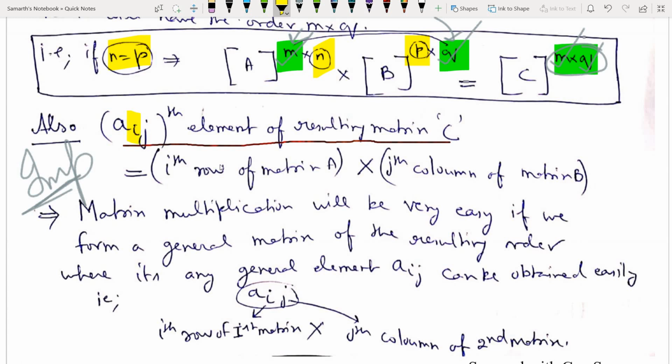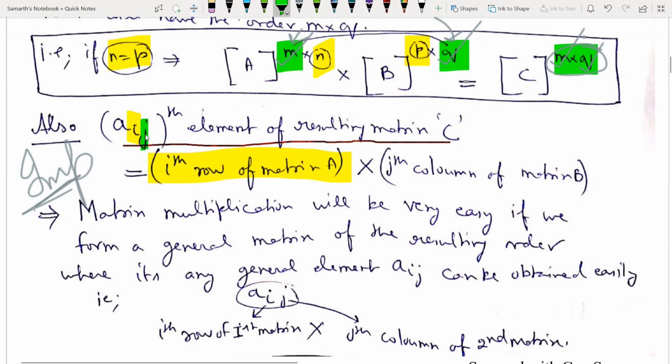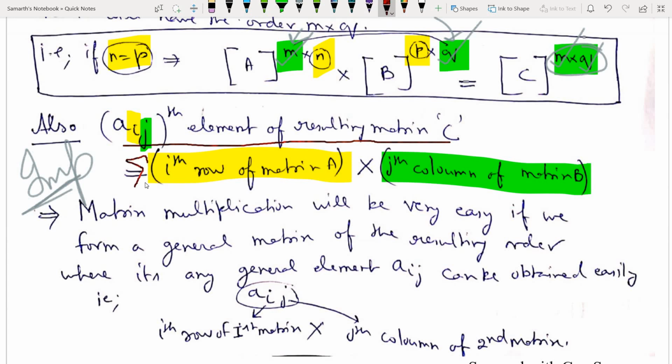Earlier, aij was the element of the ith row and jth column, when I told you how to frame the general matrix. But over here, when we talk in terms of multiplication, the aij-th element of the resulting matrix means the element obtained on multiplying the ith row of the first matrix by the jth column of the second matrix.